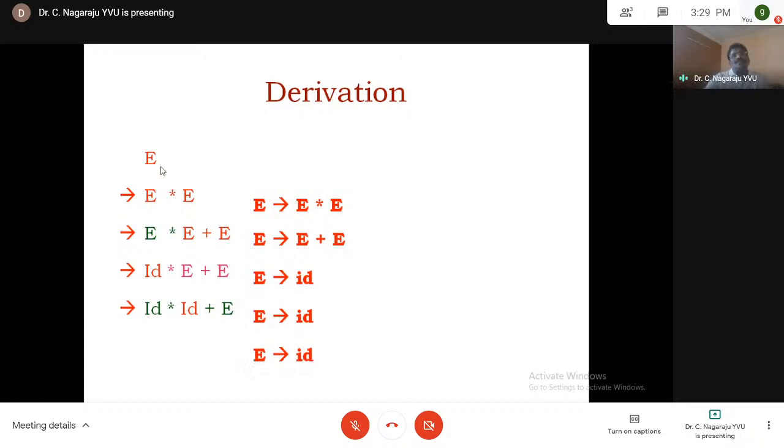That means first we take the starting symbol, and we choose the production E star E because the input is ID star ID plus ID. Then we replace the second E with the production E plus E. After that, each E is replaced with ID.